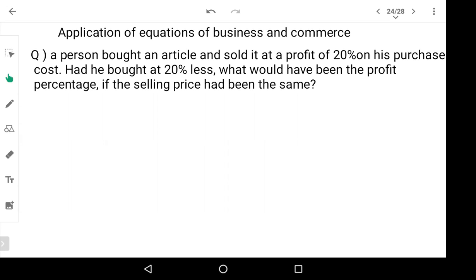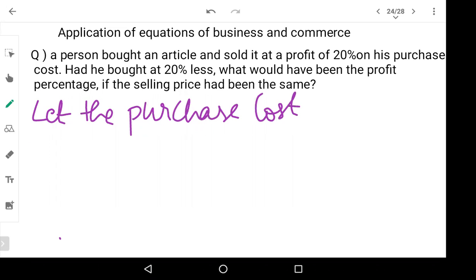Now let us define few things here, and then we will be able to arrive at the answer. So firstly, we will keep the purchase cost. Let the purchase cost of article be X. So we don't know what is the purchase cost, right?